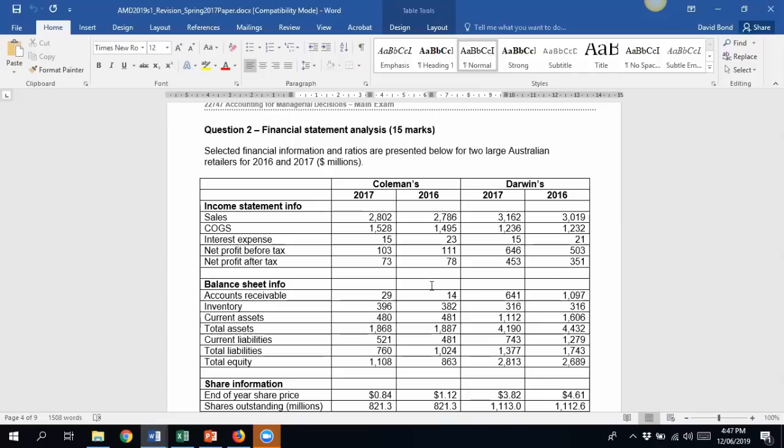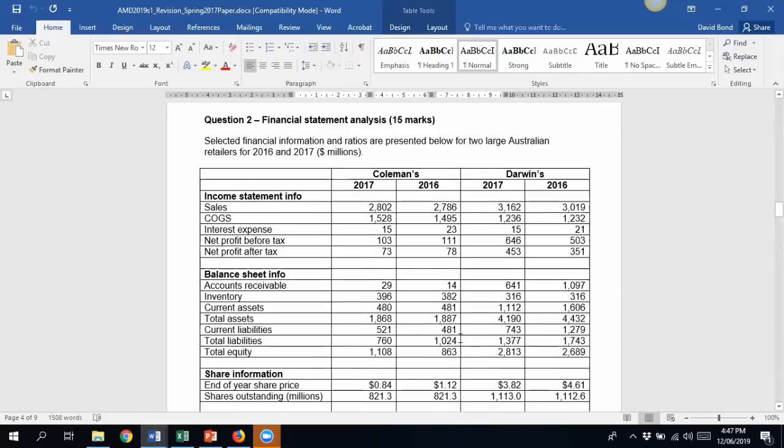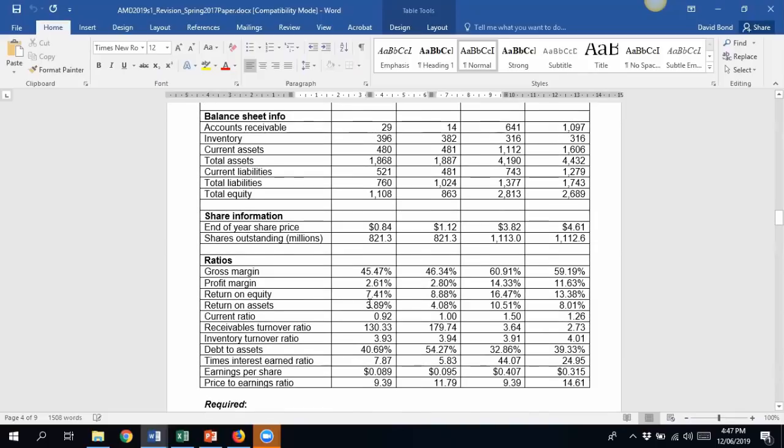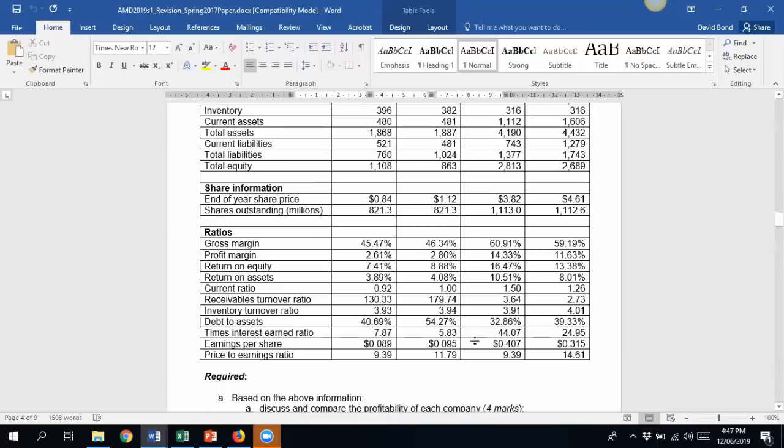To be honest, I haven't looked at the final exam paper for a little bit, so I'm not lying to you when I say I don't know right at this point. But what we have here is a company or two companies across 2 years. We've got selected financial information: some from the income statement or the profit and loss statement, some from the balance sheet, and some share price information, end of year share price, number of shares outstanding, and then we have the calculated ratios.